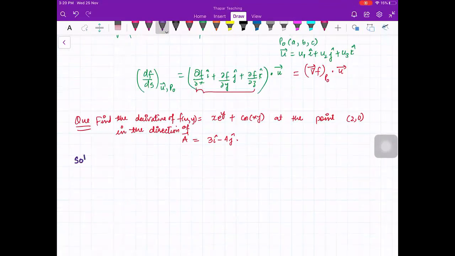So you see, we know the formula: we have to compute this df/ds in the direction of a vector at p₀, but you have to make it a unit vector first. Make it a unit vector.